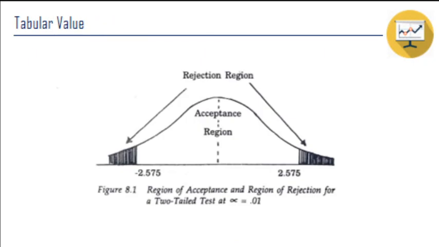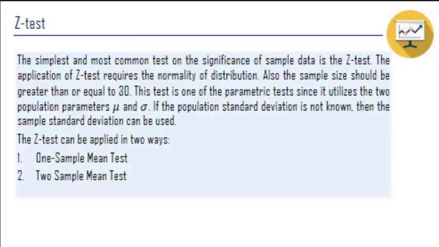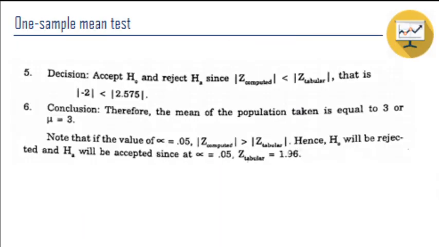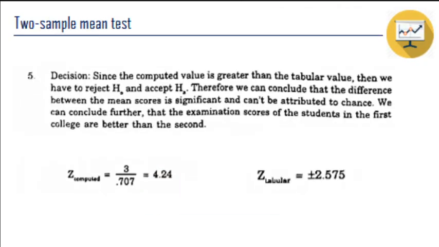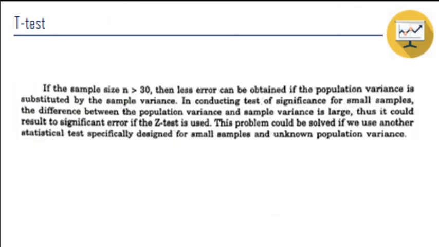So, sa z-test naman, ang kailangan mong i-consider dapat dito is that the sample size should be greater than or equal to 30 and dapat normally distributed ang data mo. Pero dito sa t-test, pwede mong gamitin ang t-test kapag less than 30 ang sample size mo.